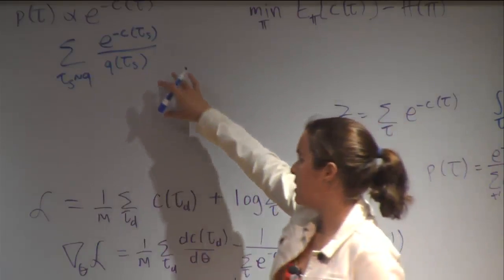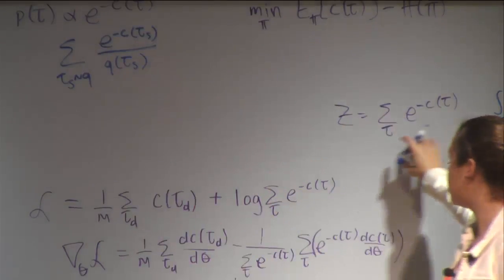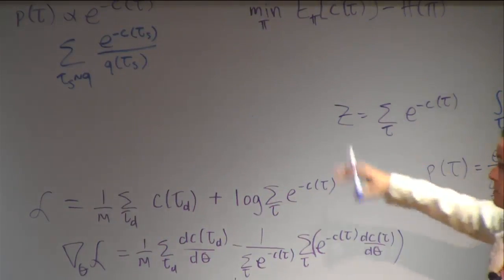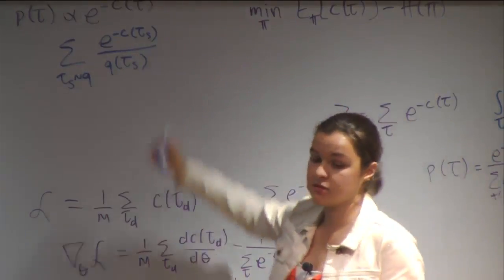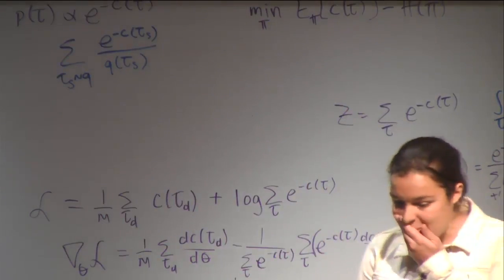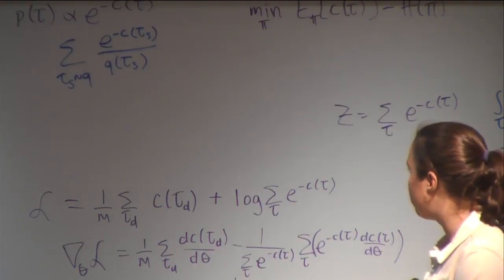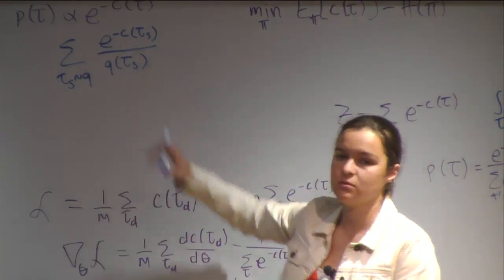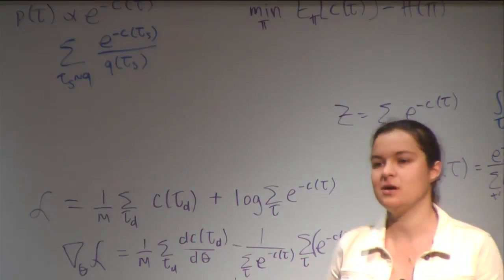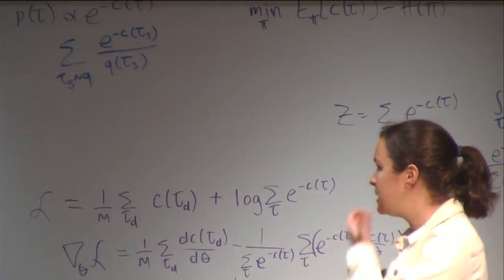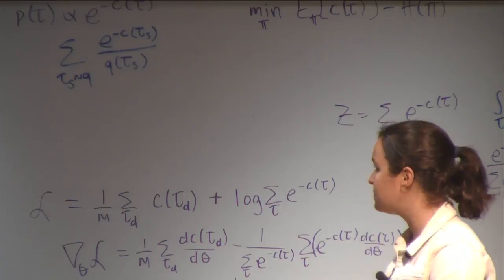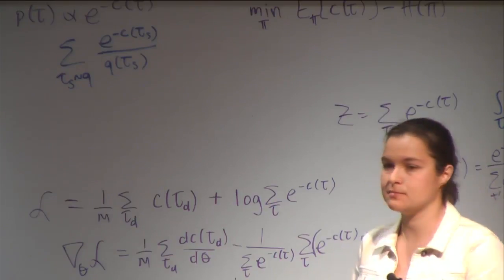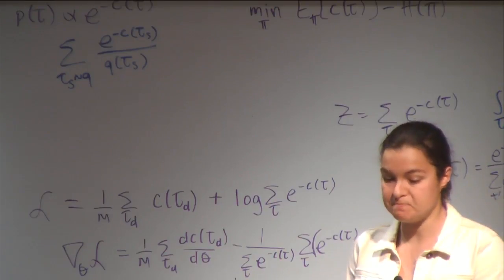And this is an unbiased estimate of this because of the normalization factor. And one of the key questions here is, what distribution do we sample from? Where do we get q? How are we going to get a distribution to sample from?